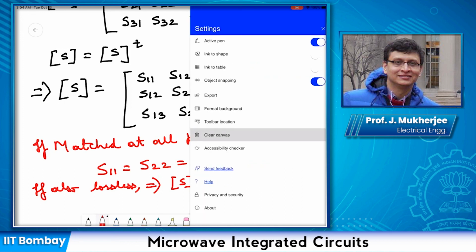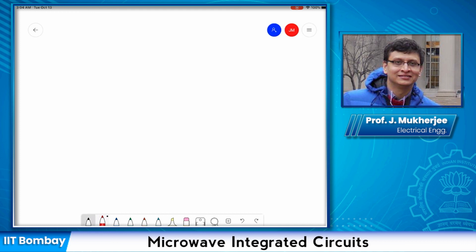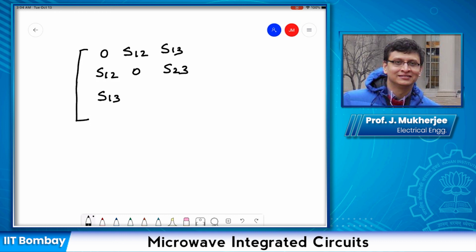So let me clear the canvas. Okay, so for the three-port network to be lossless, reciprocal, and also matched at all ports, we have to have this matrix.